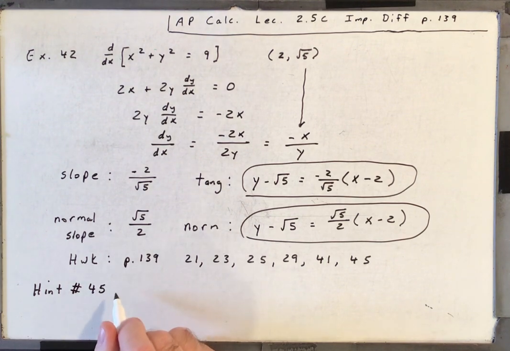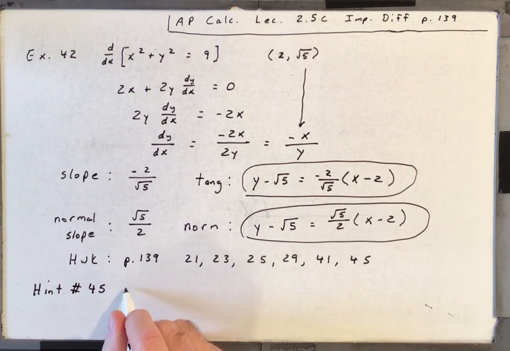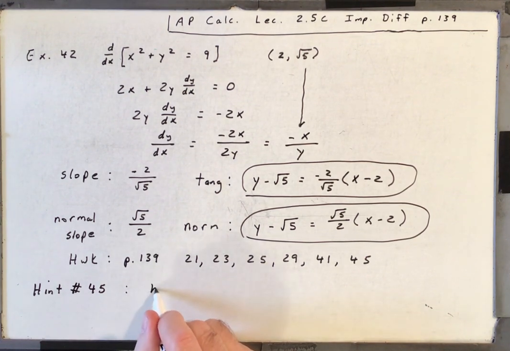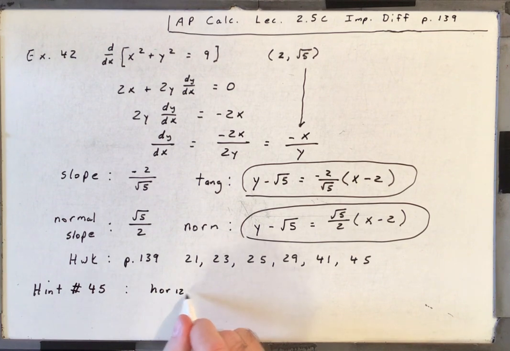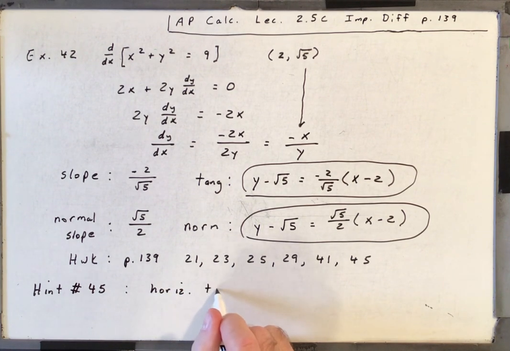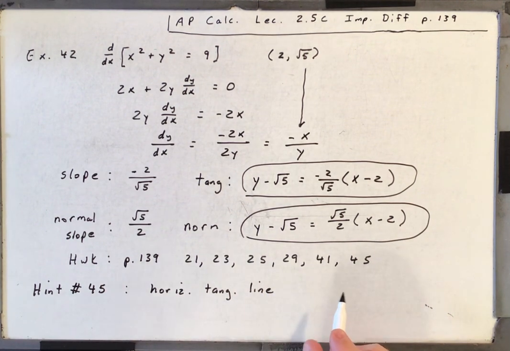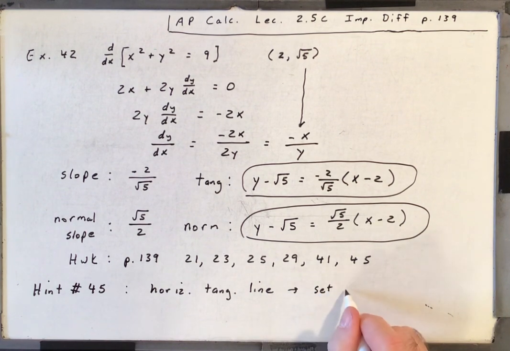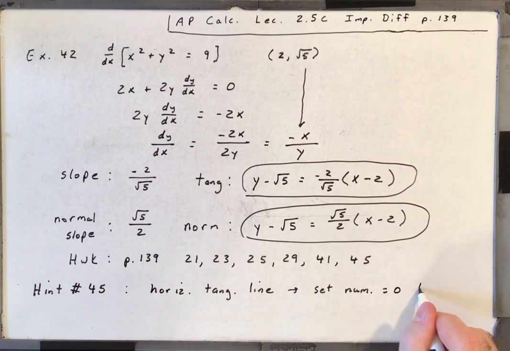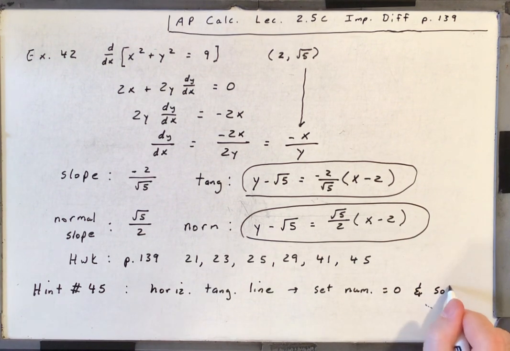So let me give you a hint on 45. You want to find where there is a horizontal and a vertical tangent line. So for the horizontal tangent line, when you take the derivative, you're going to get a fraction. Set the numerator equal to 0 and solve.